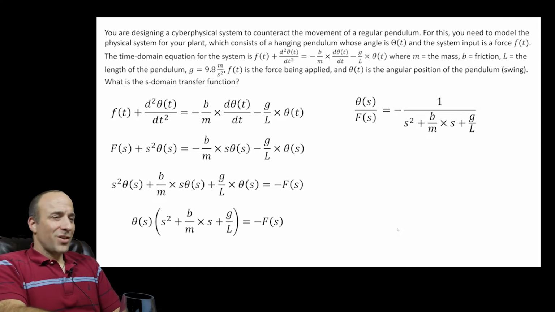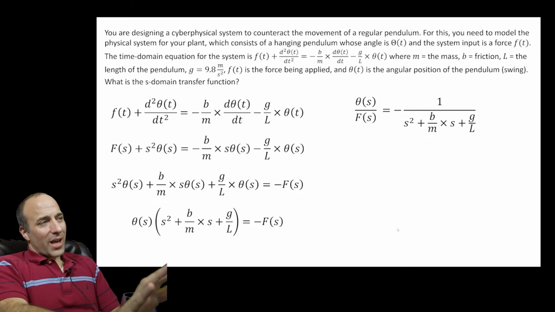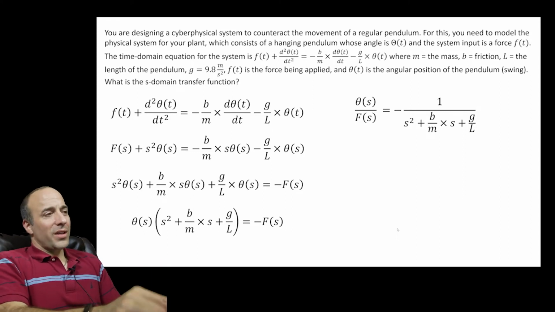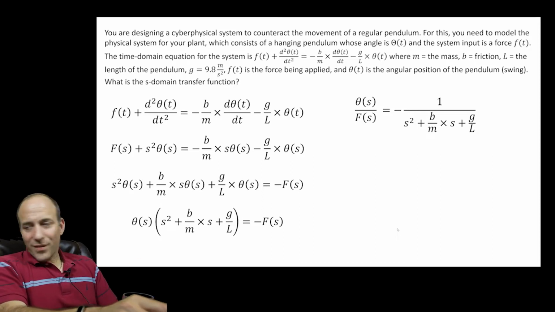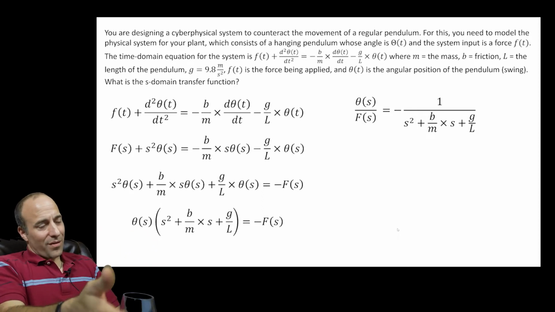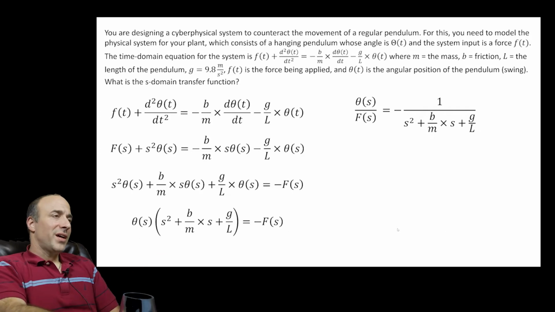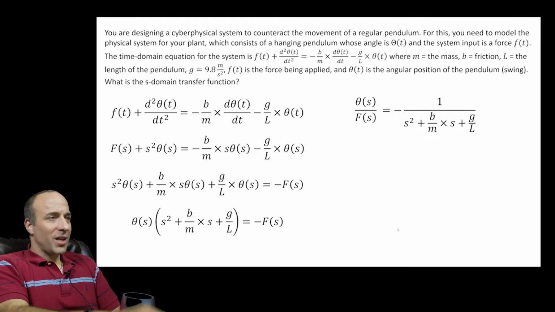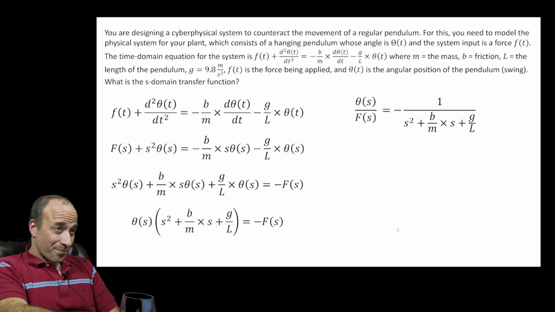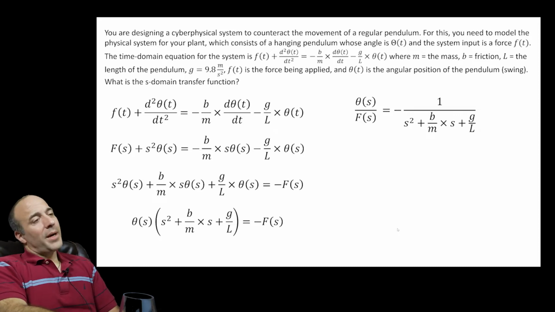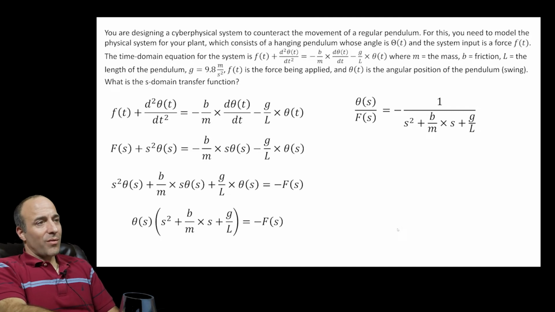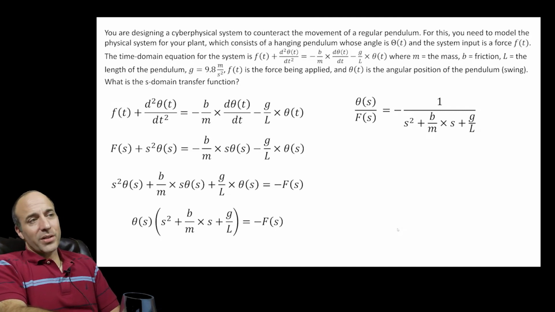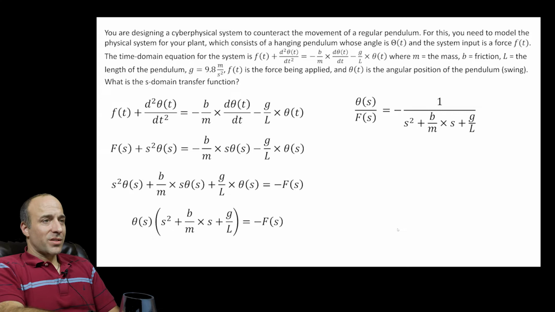Oh, I'm sorry, excuse me. I reversed it. In this case, we want to calculate the transfer function of theta of s over F of s. So in this case, F of s is our input and theta of s is our output. So the denominator is the input, numerator is the output. So basically it's going to be negative 1 over s squared plus b over m times s plus g over l.